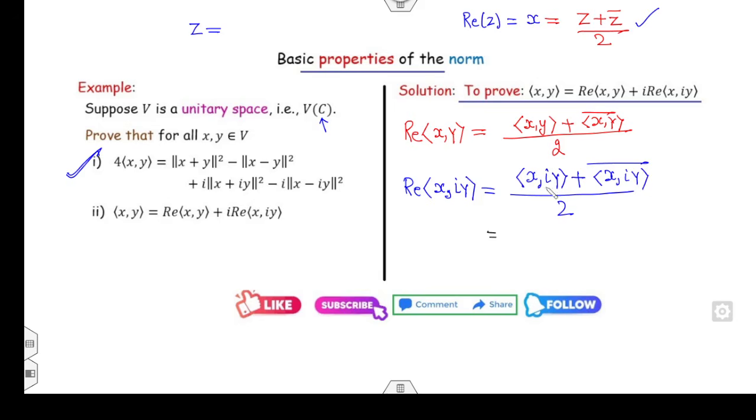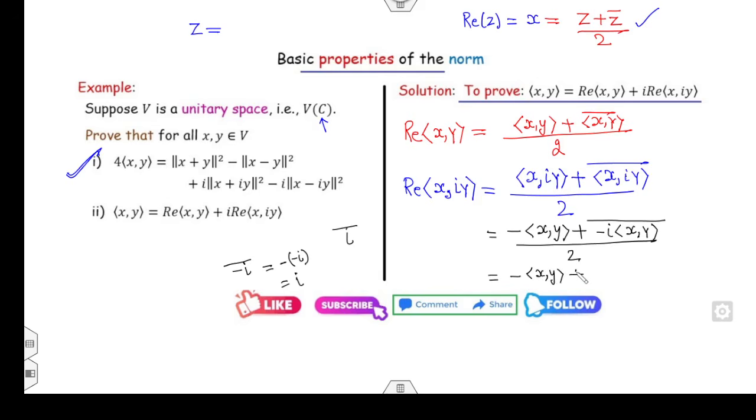Now I can use this. इसका क्या होगा? iota complex conjugate outside आएगा, that will be negative x comma y plus इसका क्या बाहर आएगा, अगेन आयोटा कॉम्प्लेक्स कॉन्जुगेट, दैट विल बी माई माइनस आयोटा x कॉमा y डिवाइडेड बाय 2. फाइन. अब माइनस आयोटा का कॉम्प्लेक्स कॉन्जुगेट कितना होगा, इस आयोटा का कॉम्प्लेक्स कॉन्जुगेट, that is a plus iota, so the numerator becomes x comma y plus iota x comma y complex conjugate divided by 2.